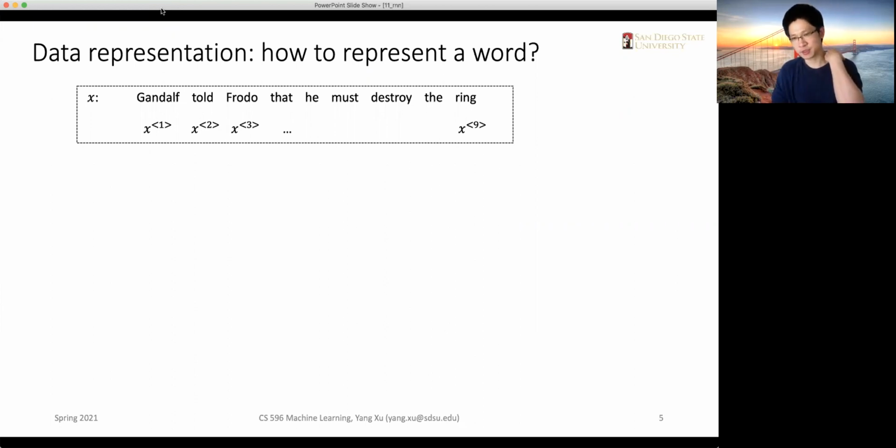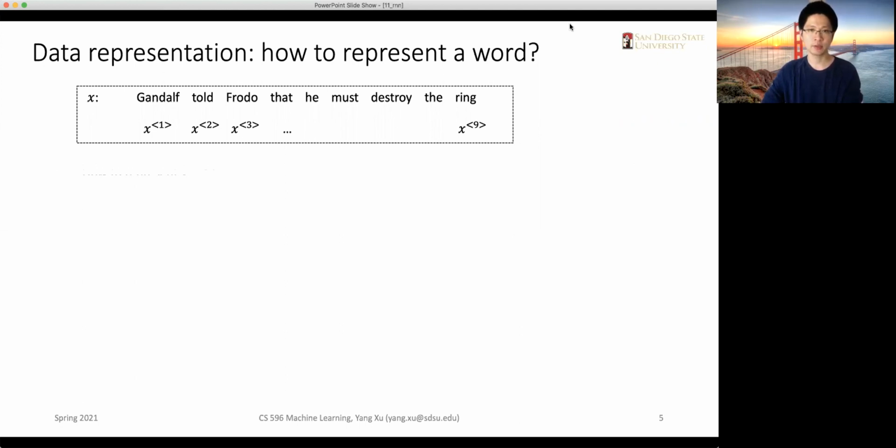Although it's a specific example, the way that we're going to use to represent the word is nowadays a pretty broad method, and I think it's a good example of showing how a recurrent neural network can handle sequential inputs.